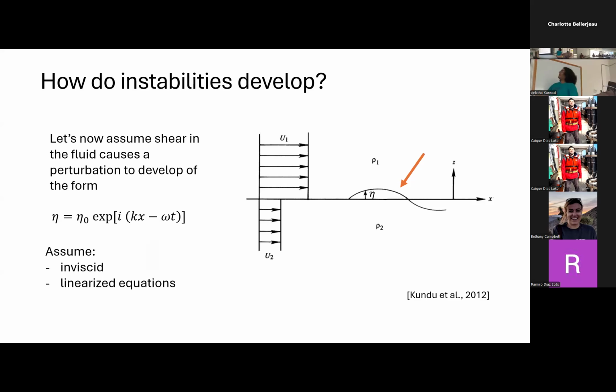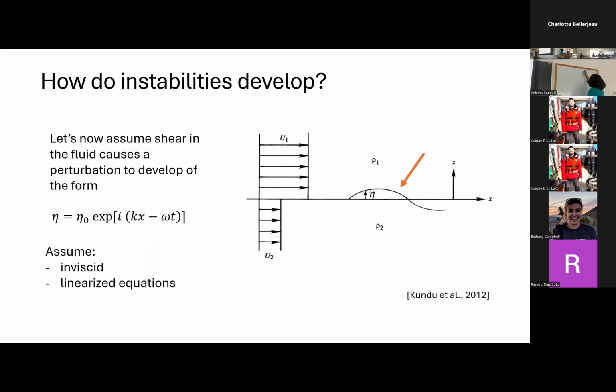Now let's think about how instabilities develop, right? We're thinking about turbulence. How do we get turbulence? To think about that, we're going to add shear into this fluid. And I'm going to expand this diagram a little bit just to help explain it.